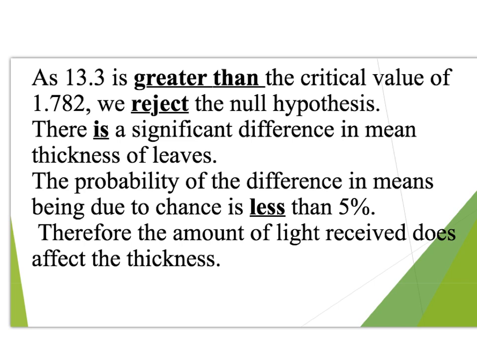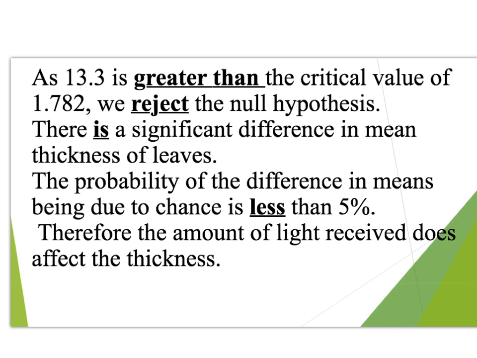The next thing that's important to do is state whether the probability, in this case of the difference, is due to chance or not. So the probability of the difference in the means being due to chance is less than 5%. If you were going to calculate your own p-value, which you might do in maths, that p-value would be less than 0.05.